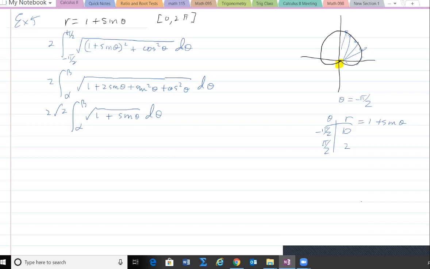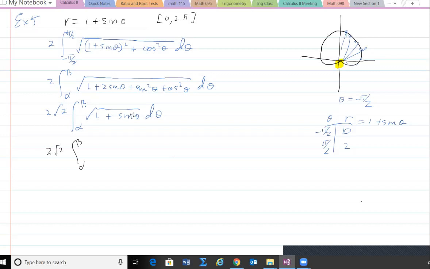Okay, so here's an integral, and it doesn't appear to be an easy way to get that. Okay, so I was just thinking about this, trying this.